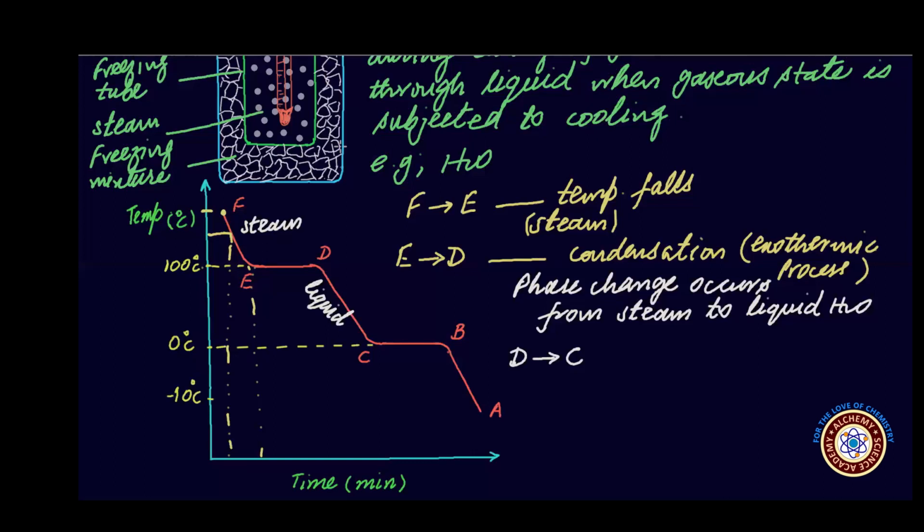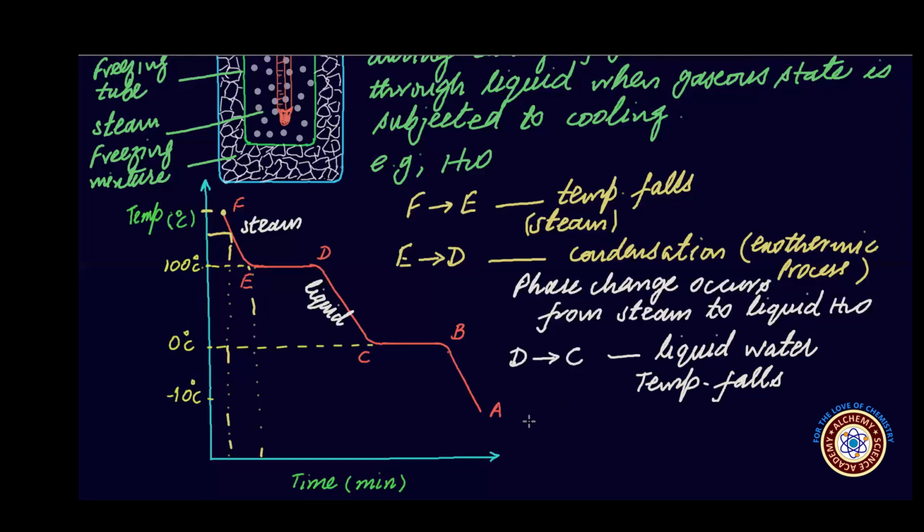But on cooling further, the temperature of liquid water does not fall below 0 degrees Celsius until the liquid water entirely turns into ice. So the section D to C indicates liquid water, and it also indicates that the temperature falls because thermal energy is being removed from the system by the cold surrounding, which is the freezing mixture.